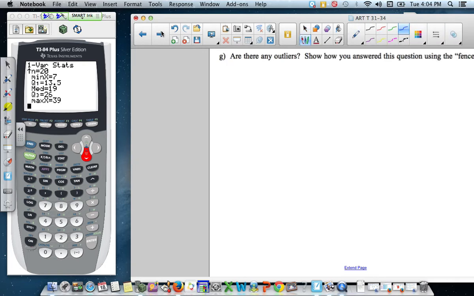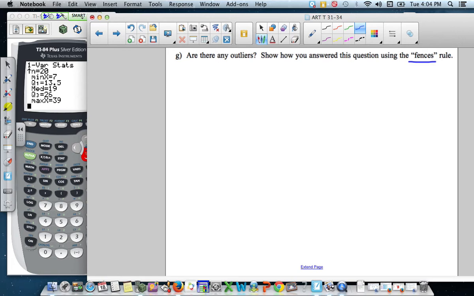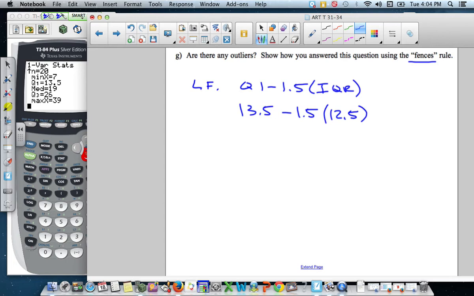And to determine if there's outliers, you have to find the fences. The lower fence is Q1 minus 1.5 times the interquartile range. So if I put in the numbers from what the calculator told me, Q1 was 13.5, and I put 12.5 in place of the interquartile range.